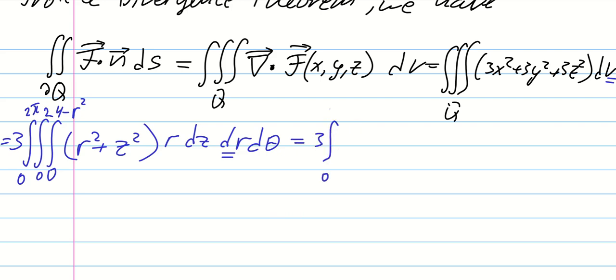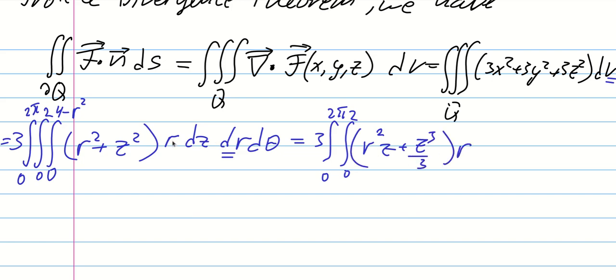Basically, you start calculating it. You go 0 to 2 pi, 0 to 2, and we do the first integral with respect to z. So we will have r squared z plus z cubed over 3.